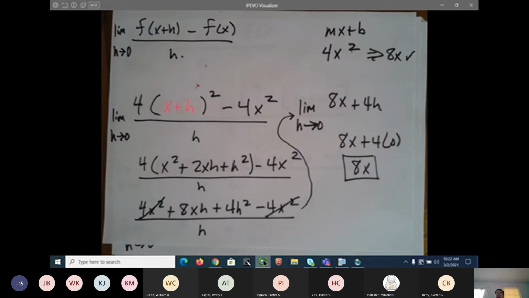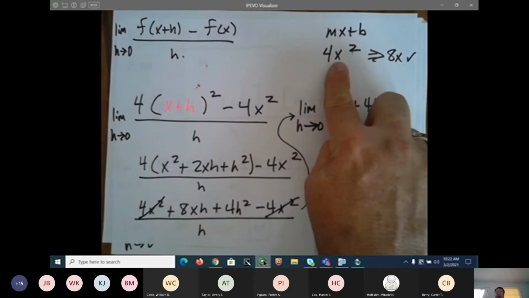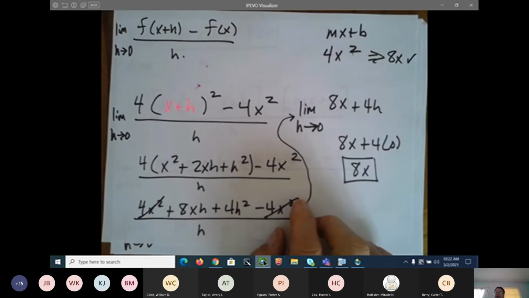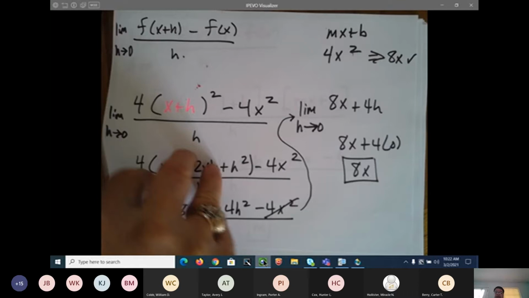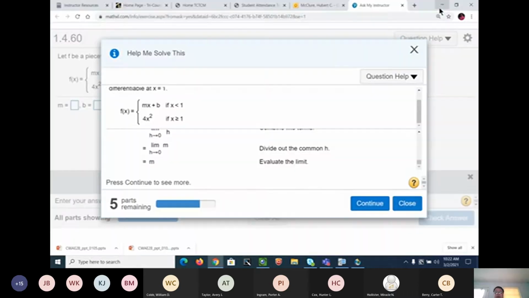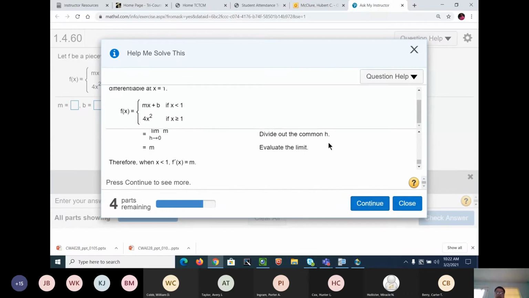So the first thing you've got to do is differentiate using the limit as h approaches 0 and the difference quotient with mx plus b and 4x squared. So that's the first thing they're asking us to do. Now they're going to ask us to plug in some numbers, and I think it's going to be 1, 2, 3, and 4, but with the way they have things written, I don't like this question.